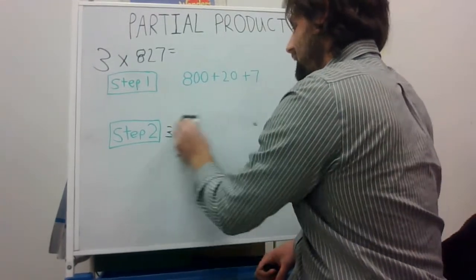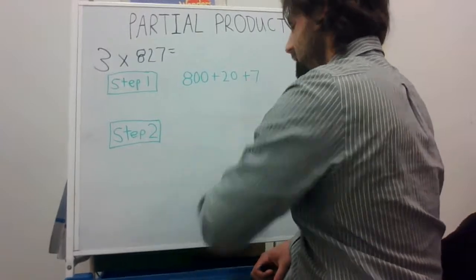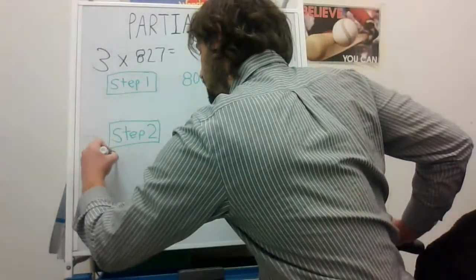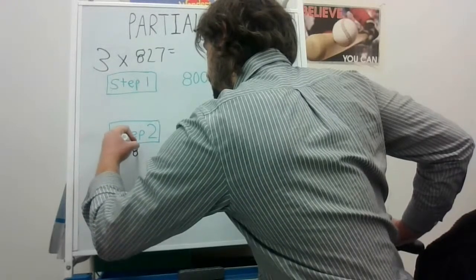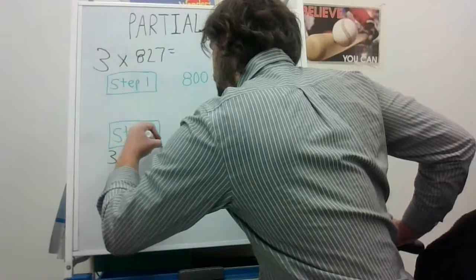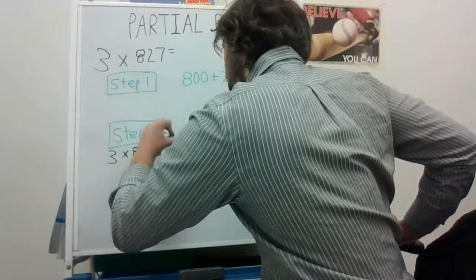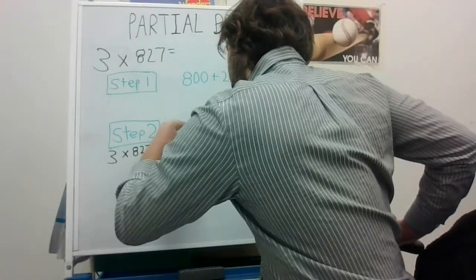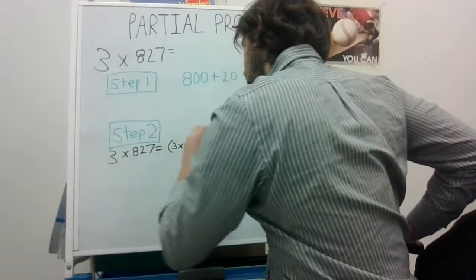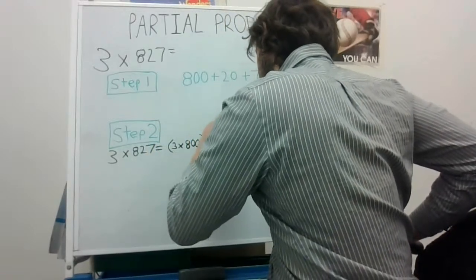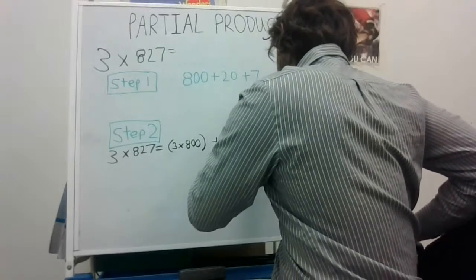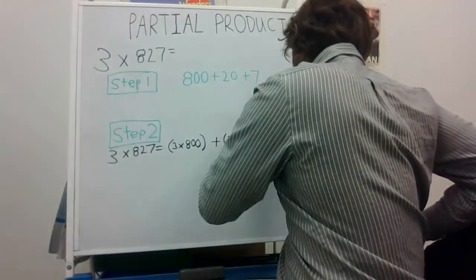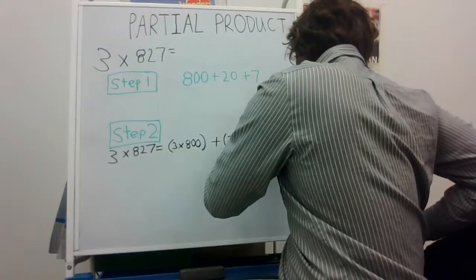I'm going to write it on the next line. 3 times 800 plus 3 times 20 plus 3 times 7.